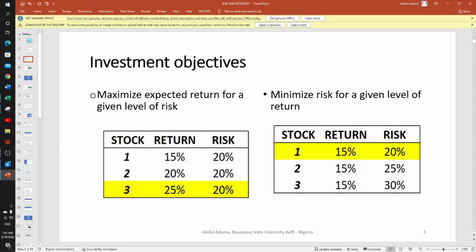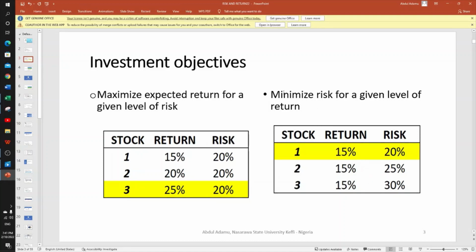The second investment objective is to minimize risk, for a given level of return. If we look at this second matrix, we see that we have 3 stocks. All 3 have the same returns, but the risks are different.